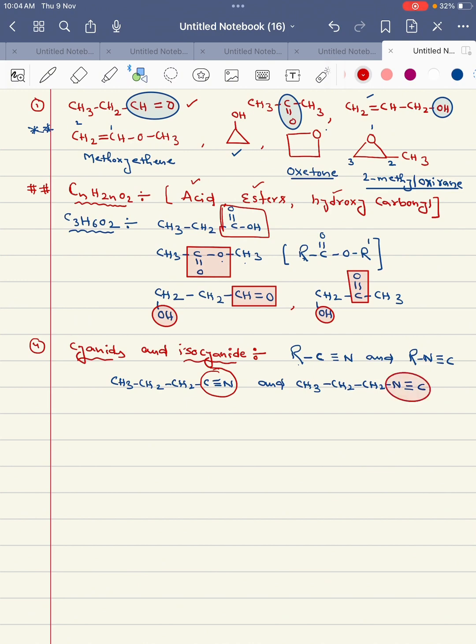When the nitrogen is attached directly to the hydrocarbon chain, it is called isocyanide.